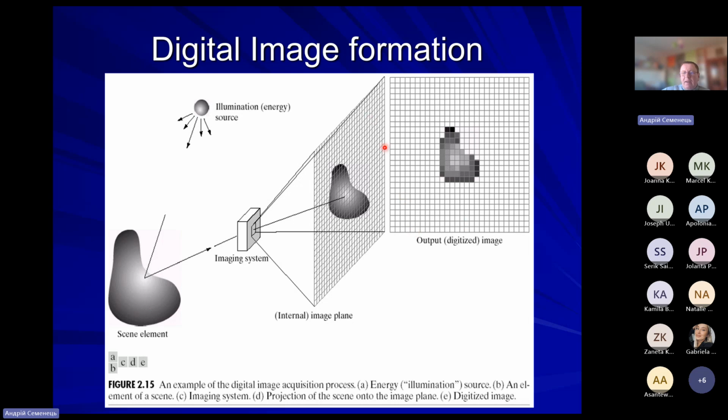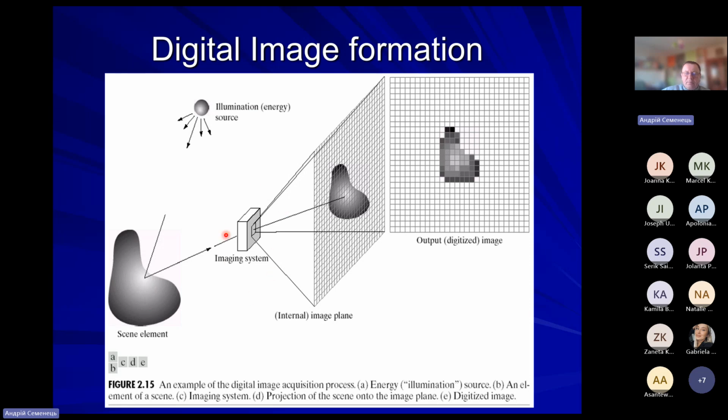We should have that sensitive array of CCD sensor devices, and it has to be illuminated by an external source or sunlight, in the case of a conventional camera, or it would be an X-ray source which passes through the human body.